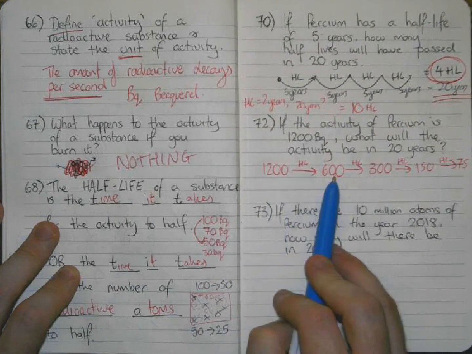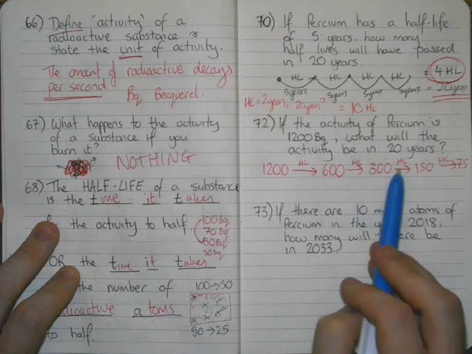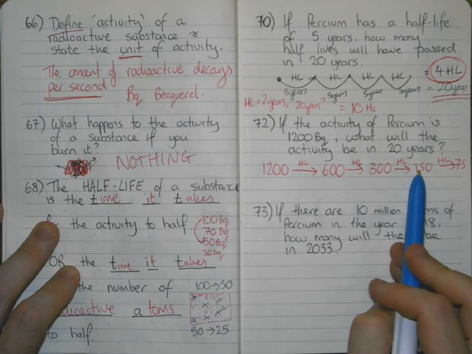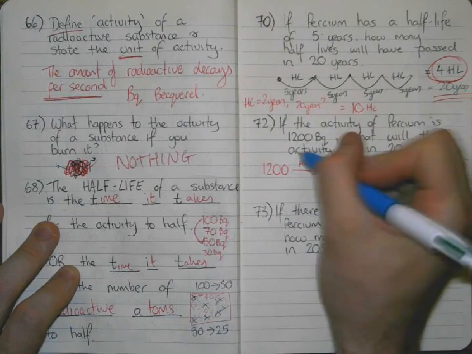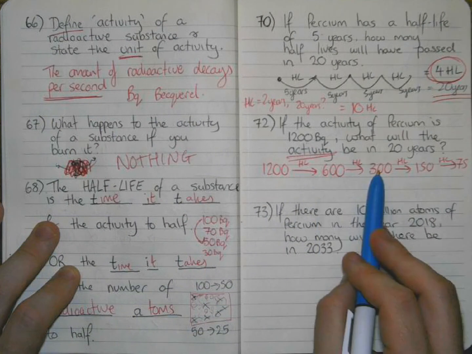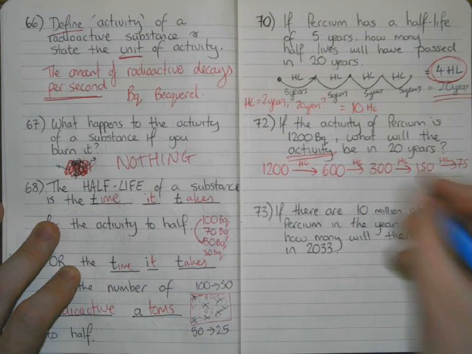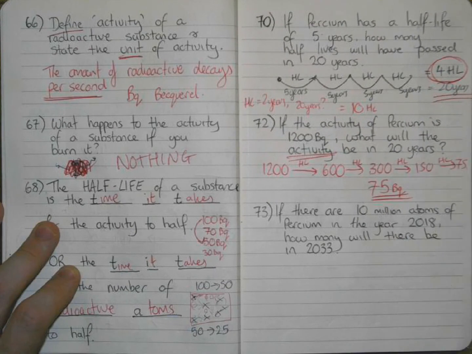Half that number, get 600. Half 600, get 300. Half 300, get 150. Half 150, get 75. So what will the activity be in 20 years, 5 years, 10 years, 15 years, 20 years? Final answer, 75 becquerels.